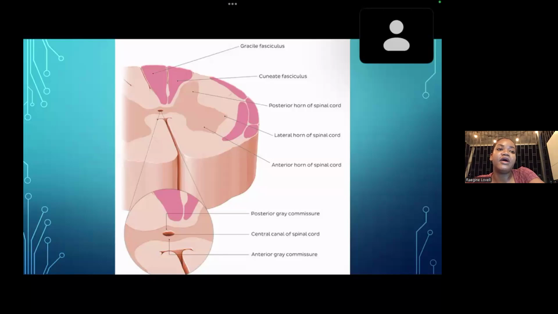The cervical and upper thoracic posterior funiculi are further subdivided into medial gracile fasciculus and lateral cuneate fasciculus. The tracts from the gracile fasciculus are responsible for transmitting conscious proprioception, fine touch, and vibration from the lower half of the body, whereas from the cuneate fasciculus, these transmit sensations from the upper half of the body.